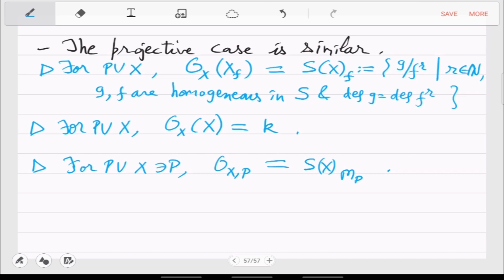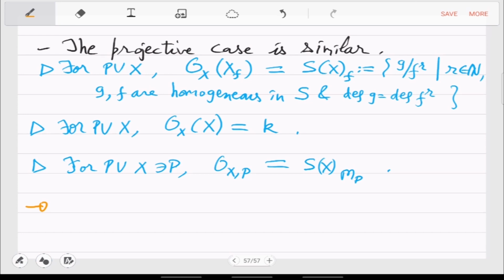Okay, so there is a nice thing that is happening here. If you look at the OX functor on the whole of X, then it seems that all information is lost, because the only functions which now remain are the constant ones. So, it is not giving you any information about the projective variety X itself, while if you look at the germs, that has perfect information. As you go over different points, you will get different parts of SX localized.